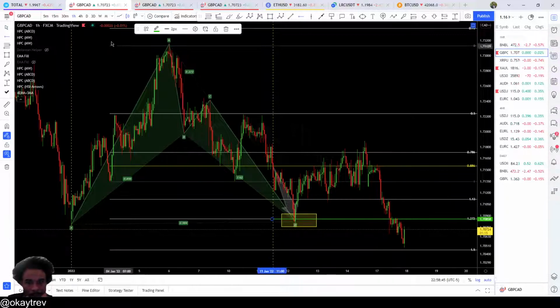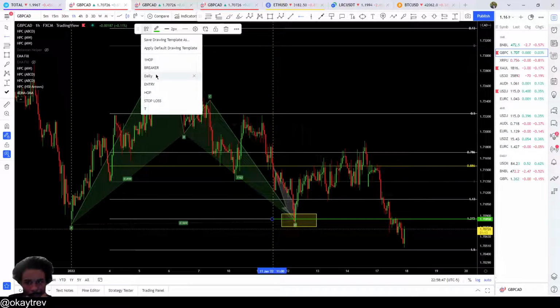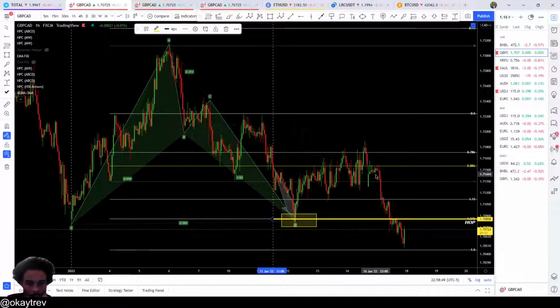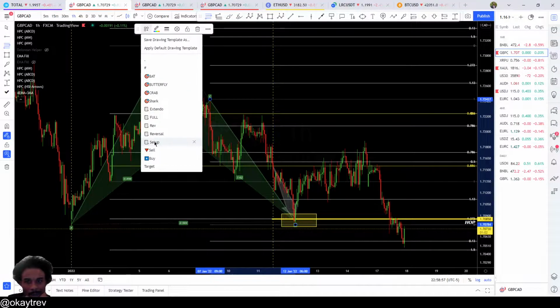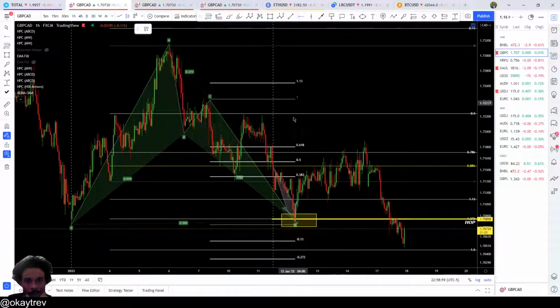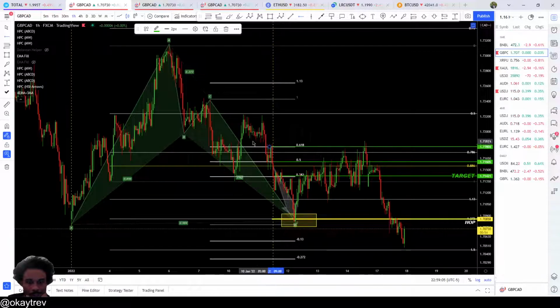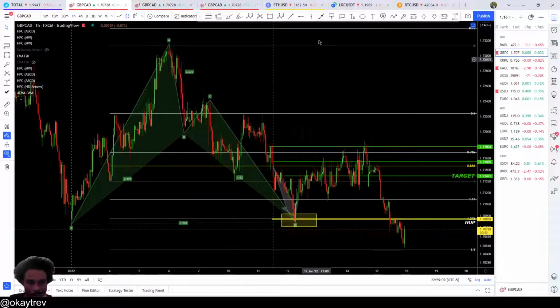And let me mark the hop. Traveled all the way down to its hop, extending the trend. So when I mark the targets, they're going to be slightly different than when they started. So that's our target 1, 2, and 3. Hitting all targets because it extended its own range. Really made its own target range.